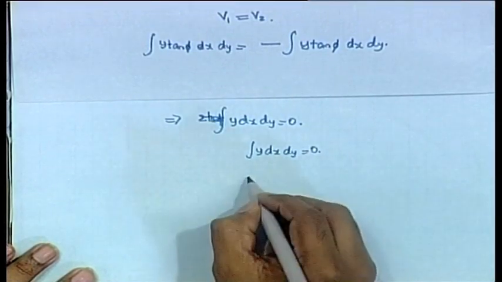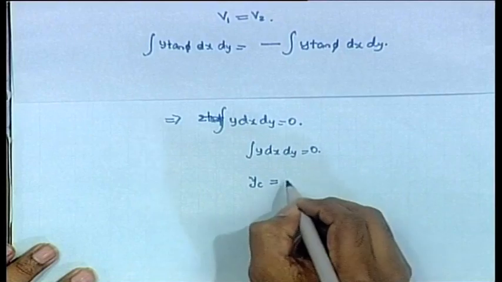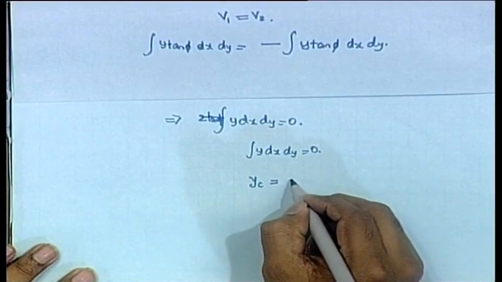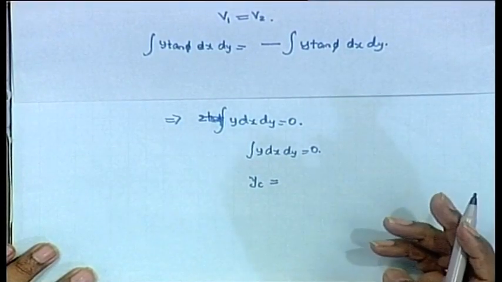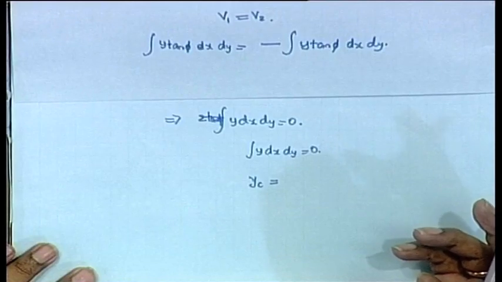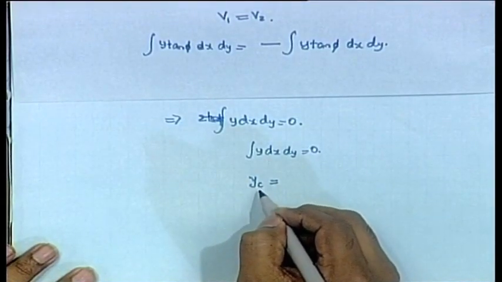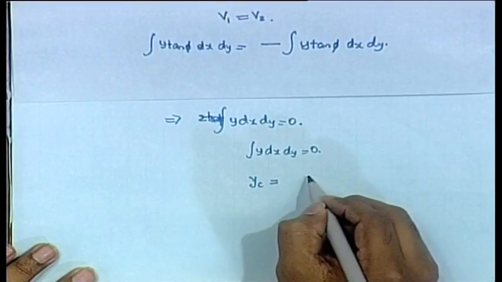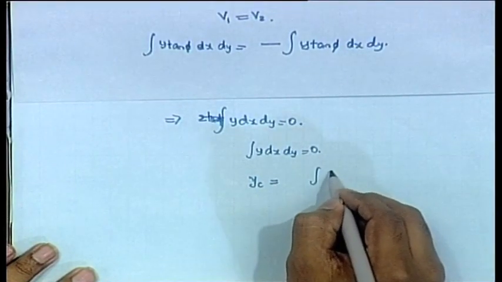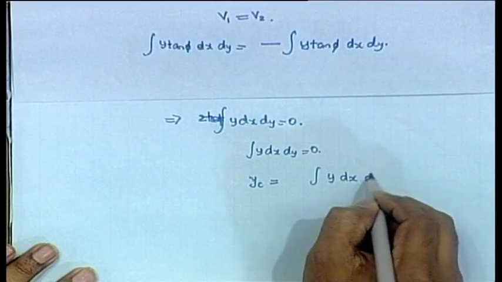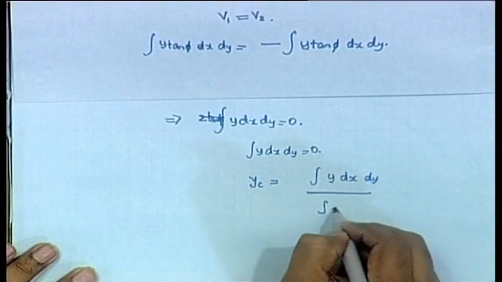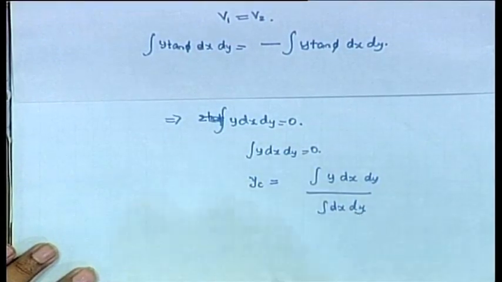Now, what is yc? What does this imply? That y dx dy is equal to 0. The meaning of that is, yc is the centroid of the system. How is it defined? It is defined as the integral of y dx dy. I think you will know this definition, right?